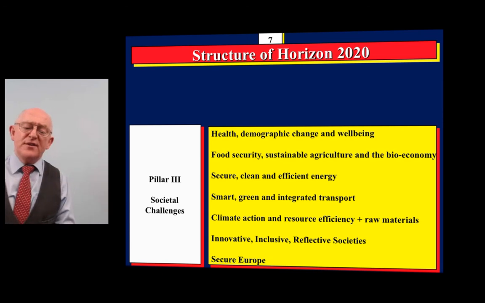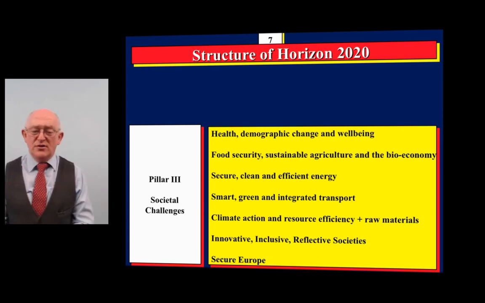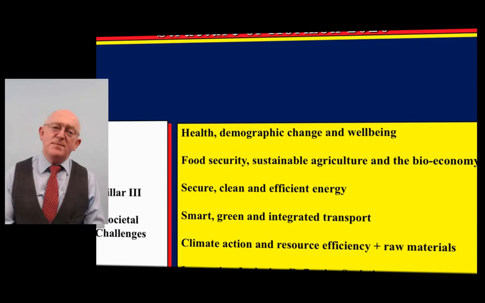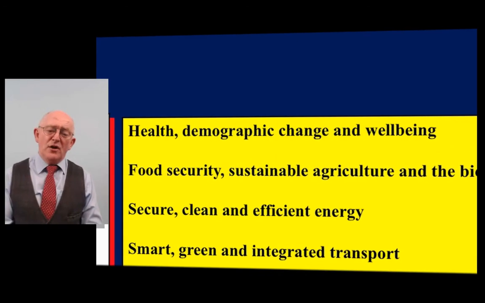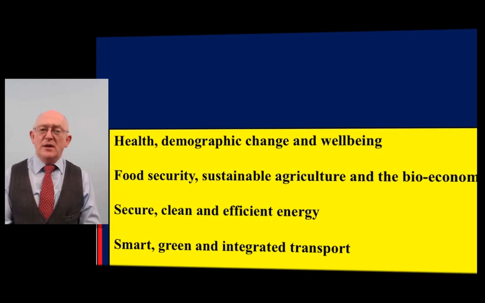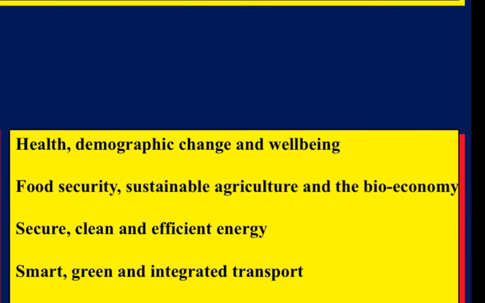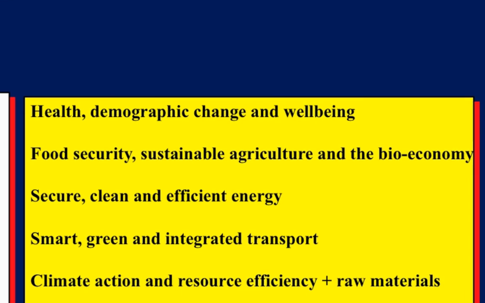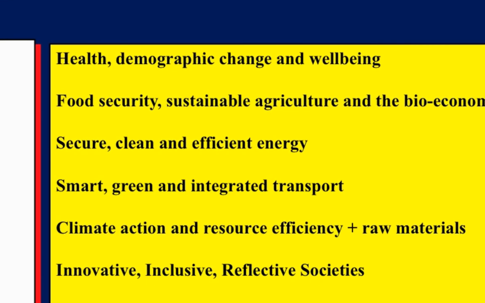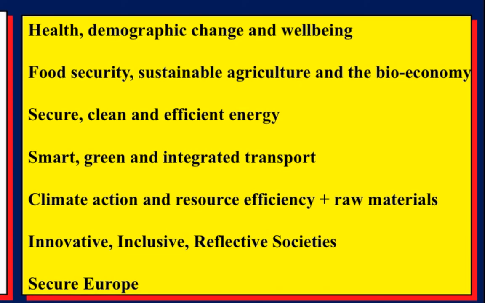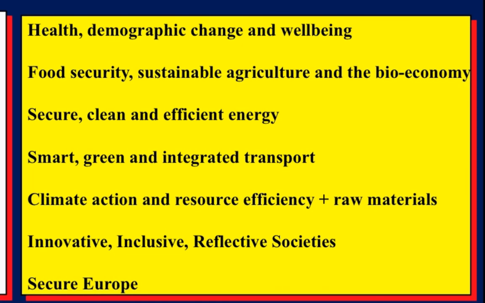Pillar 3 looks at what are called societal challenges. So the first program is a 96-page work program covering health, demographic change and well-being. The second program looks at food, agriculture, marine. Third program looks at energy. Then we look at transport, climate change, resource efficiency. Now, this program here, Innovative, Inclusive and Reflective Societies, looks at social science and humanities.